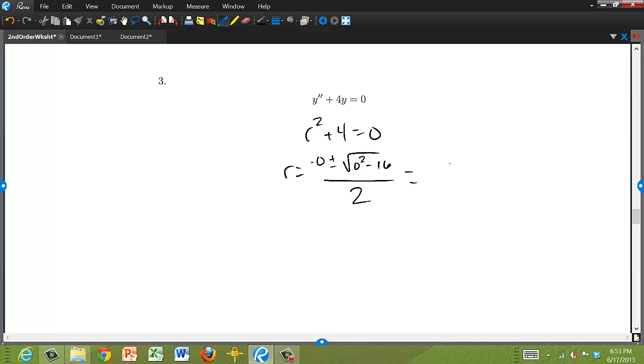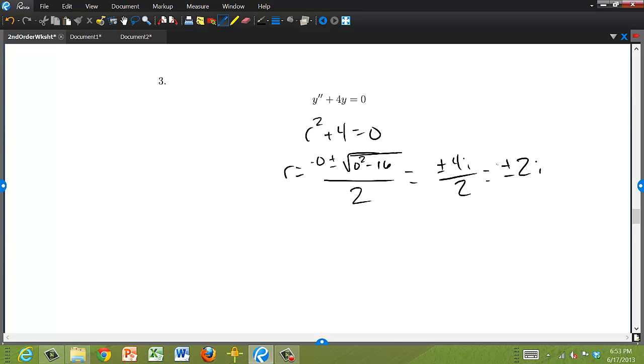So that'll be plus or minus 4i over 2, so that's plus or minus 2i, just like you would think if you moved the 4 to the other side and then took a square root.